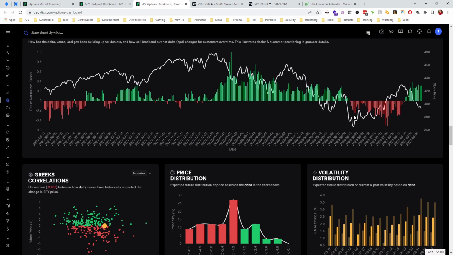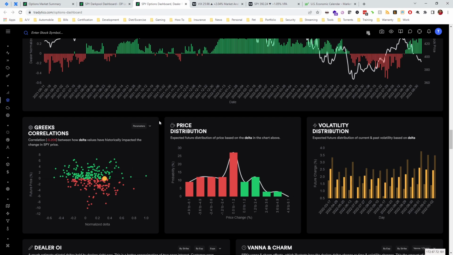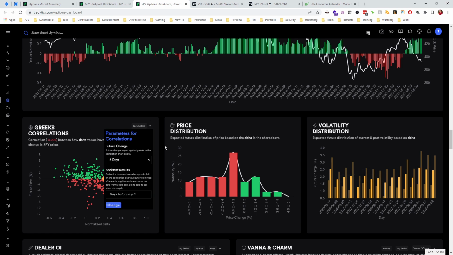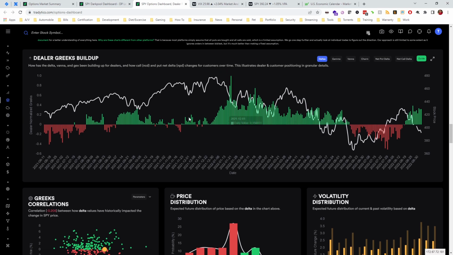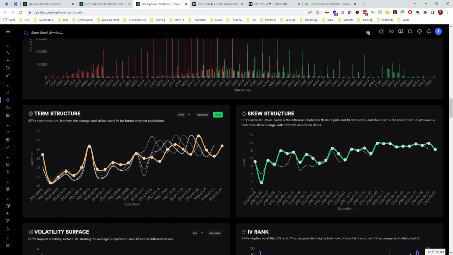But we can go in here every night or every morning and check to see if there have been any changes to these Greeks and how this might shape the upcoming moves over the course of the next 5 days. Anyway, that's how I tend to use this dashboard. I do find it very useful just to get an idea of what type of week it will be. And sometimes it's obvious if you've been a trader for any number of years.